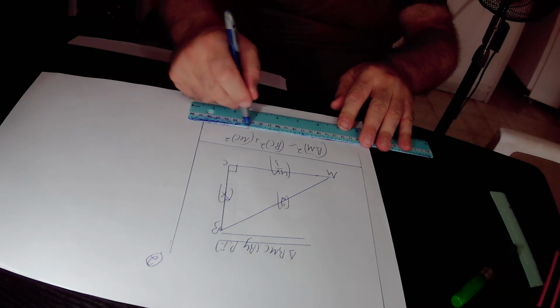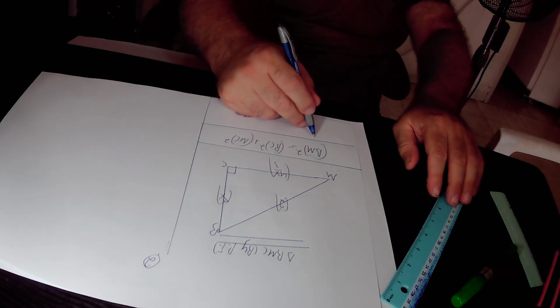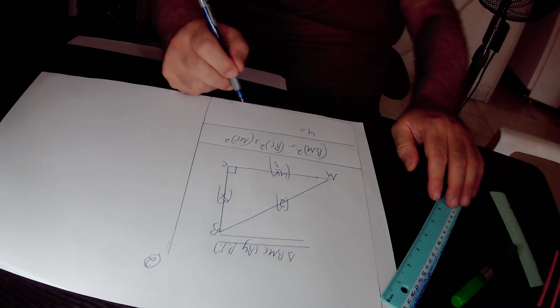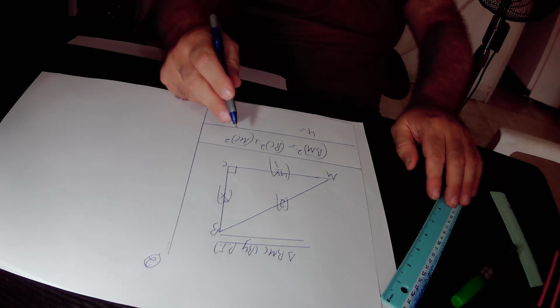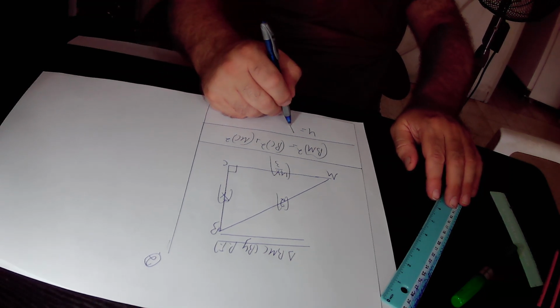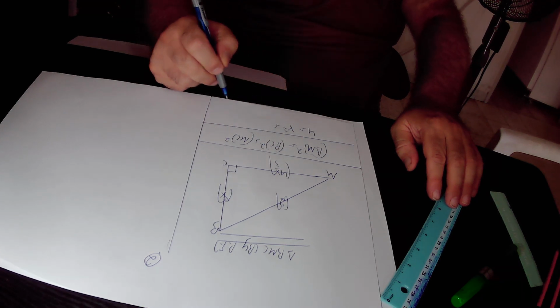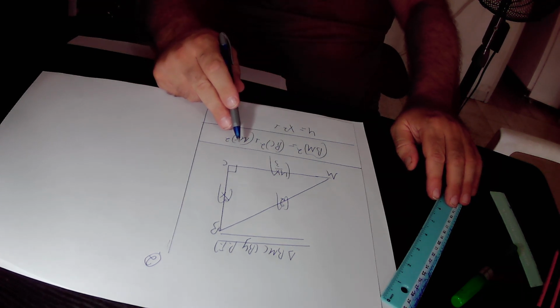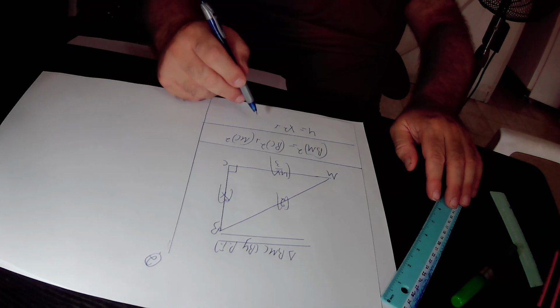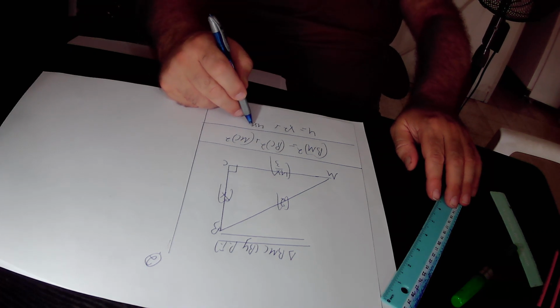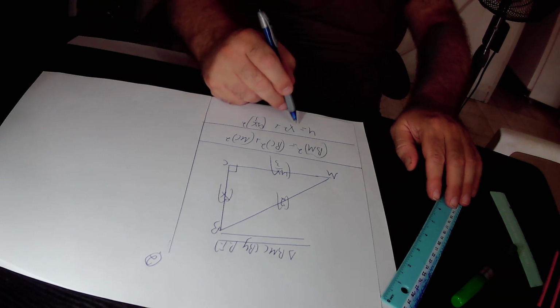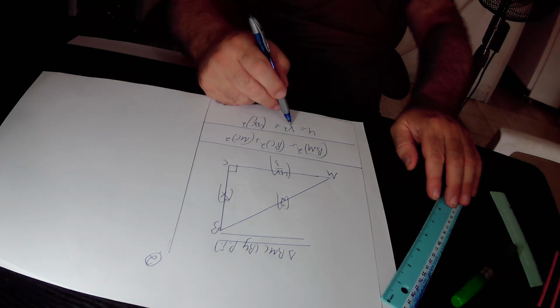BM is 2, therefore BM squared is 2 squared, that is 4, and it equals BC squared. BC is x, therefore BC squared is x squared, plus MC squared. MC is 4x over 3, therefore MC squared is (4x over 3) squared. So in total, we find that 4 equals x squared plus (4x over 3) squared.